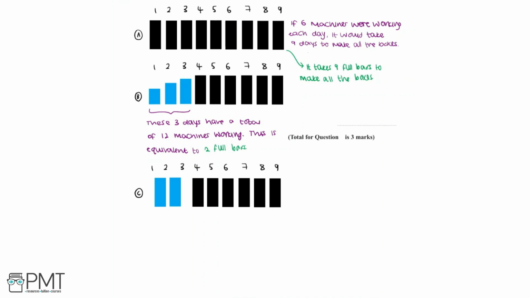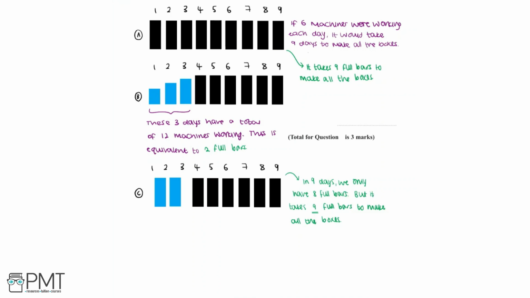And remember, in this question, we need to work out the total number of days it will take to make all of the boxes. And we said that it takes 9 full bars to make all of the boxes. And so looking at diagram C, we have 9 days. But in these 9 days, we have 8 full bars, because in day 1, 2 and 3, that's only equivalent to 2 bars. And so counting all of the bars, we have 8 full bars in 9 days.